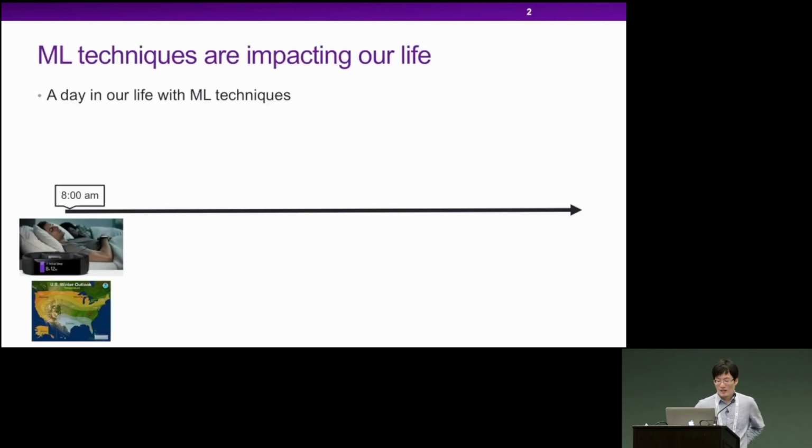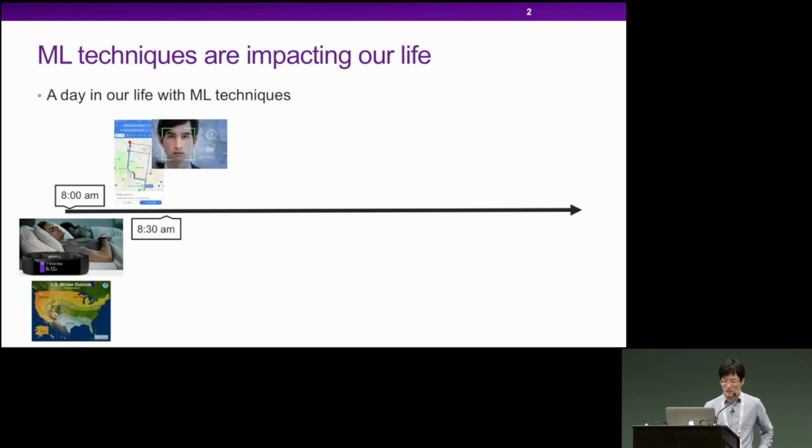So the machine learning now, of course, is quite popular and has been widely used in many application scenarios, right? Just think about your daily life, right? When you wake up at your home, at 8 a.m., sorry, for me, jet lag, maybe 8 p.m. So the first thing you want to check is the weather, right? And then in the weather forecasting, actually there is a predictive model there, right?